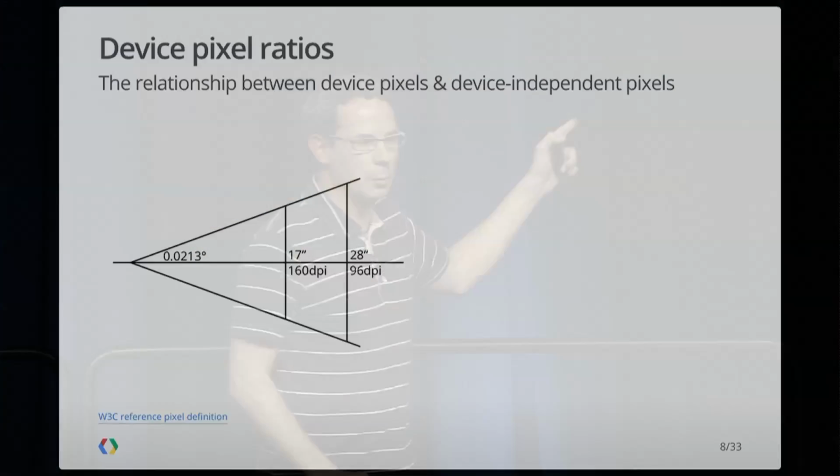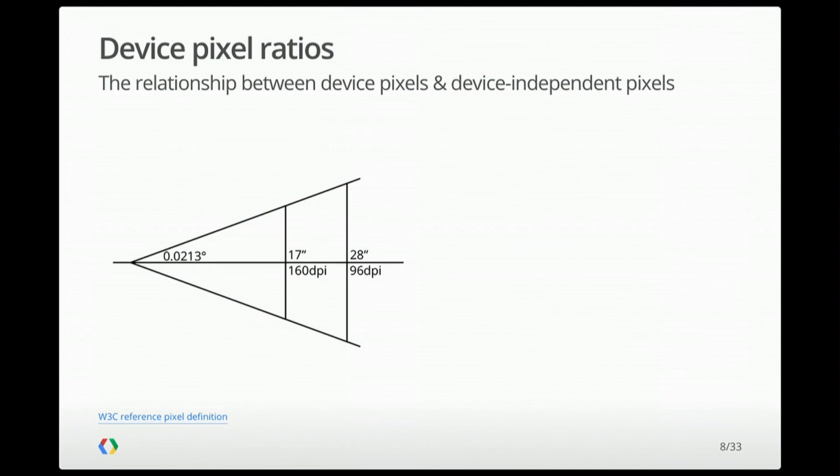So for a phone, which we hold much closer, we need it to have a higher pixel density. So instead of having a 96 DPI display, it needs at least about 160 DPI. So actually when we did the math, this projector is about 0.16 DPI.